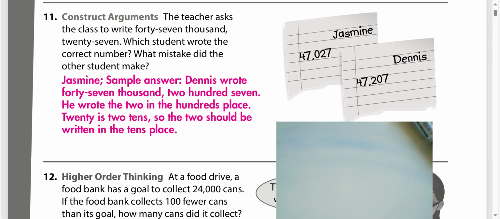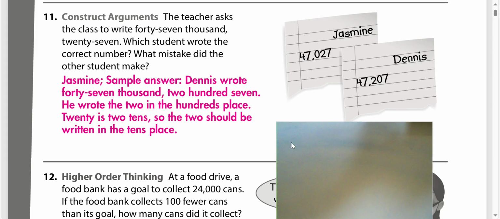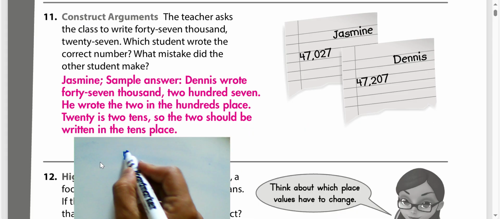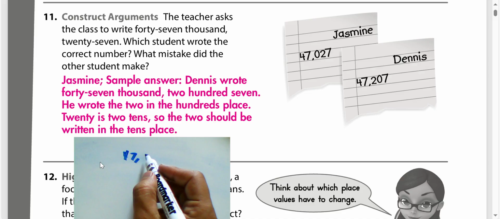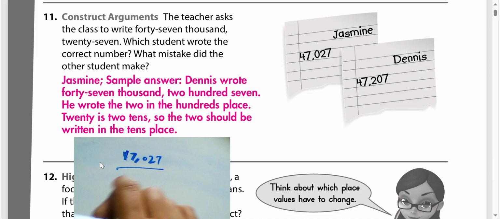The teacher asks the class to write 47,027. Okay, how must this number be written? 47,027. Like this, 47,027. This answer will be true.